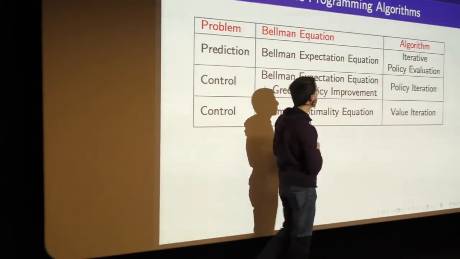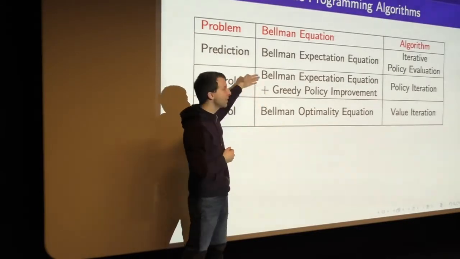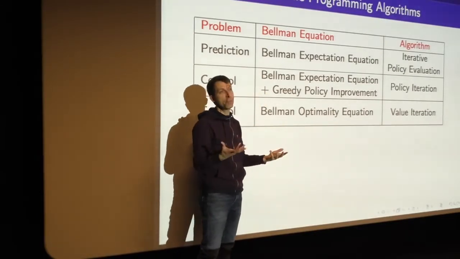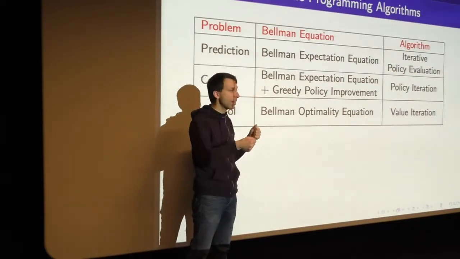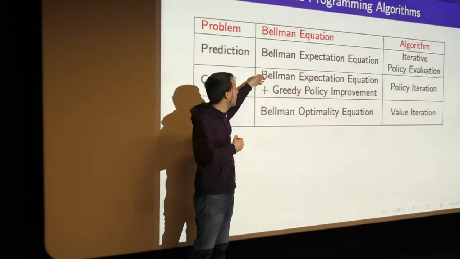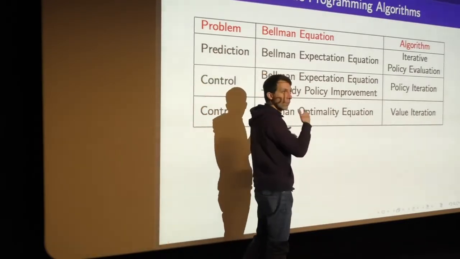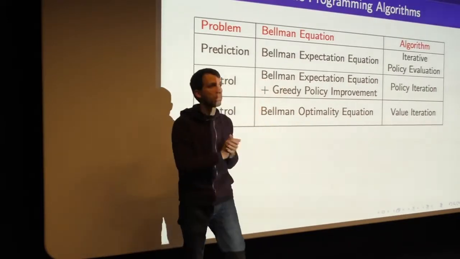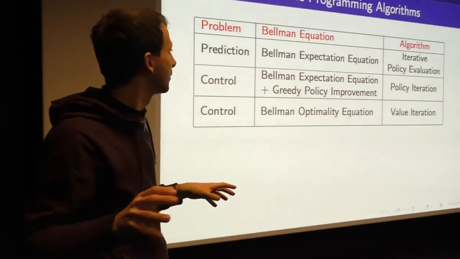And what we saw as well is that between these two lines is a spectrum, the modified policy iteration algorithm, where if you go all the way down to k equals 1, only evaluating very crudely, then you recover the value iteration algorithm. Okay, is that clear? I really want to make sure people get this slide.